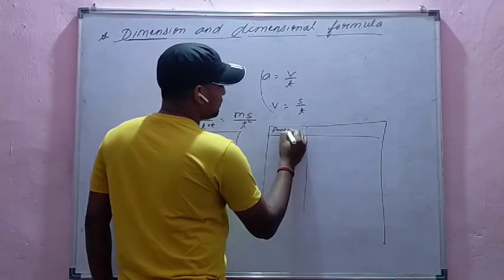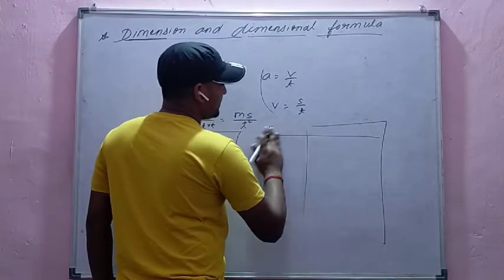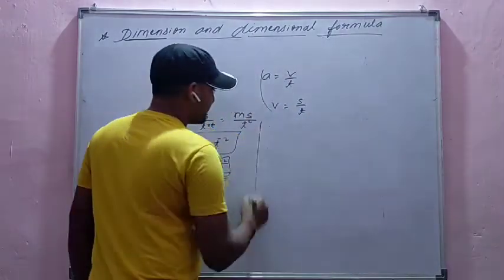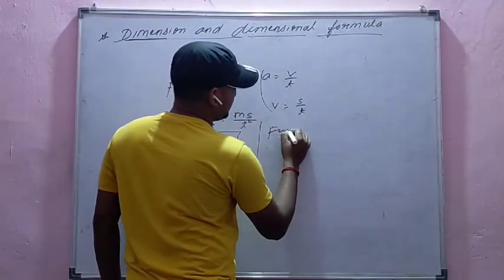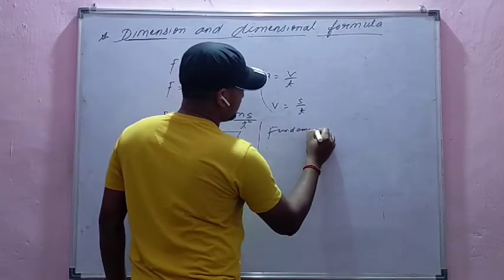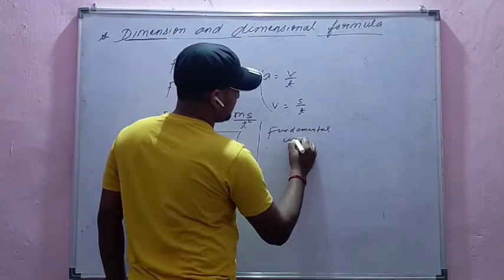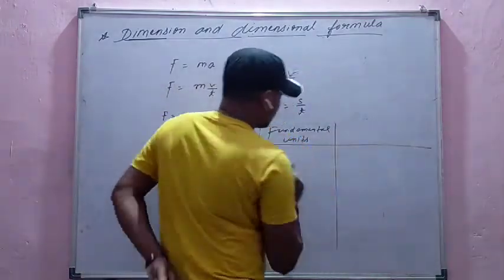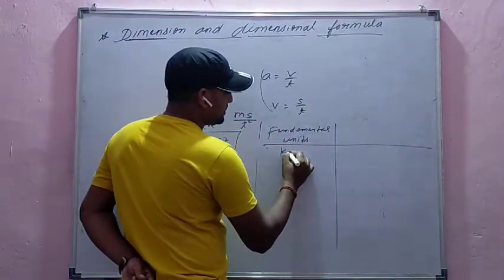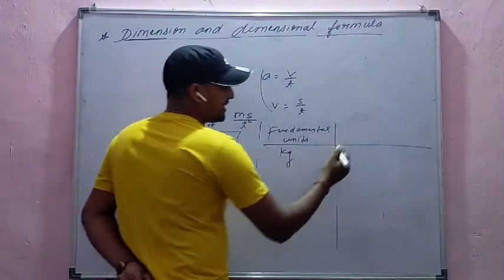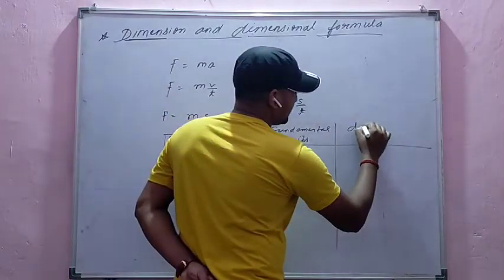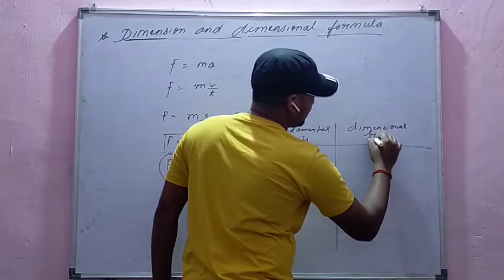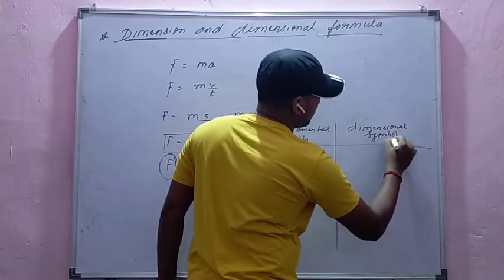Here are the fundamental units. First is the fundamental unit, what? Kg. But when we write the dimension, here we write the dimensional symbol.